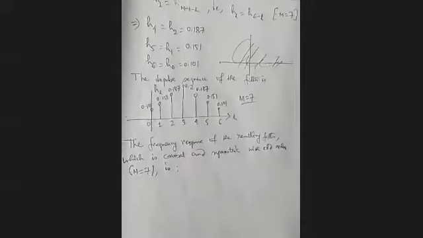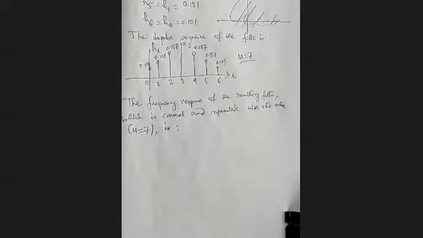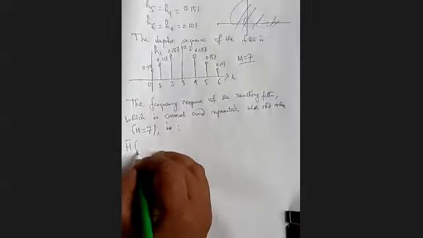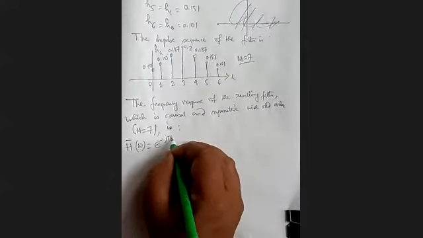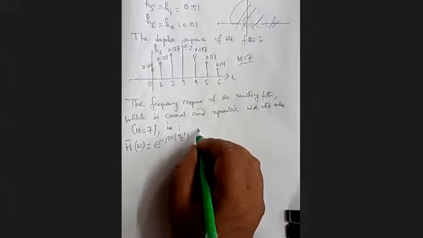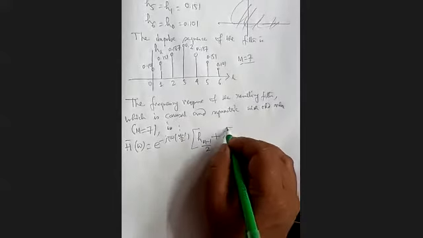So H bar omega is something like e to the power minus j tau omega (M minus 1) by 2. This expression has already been derived earlier.